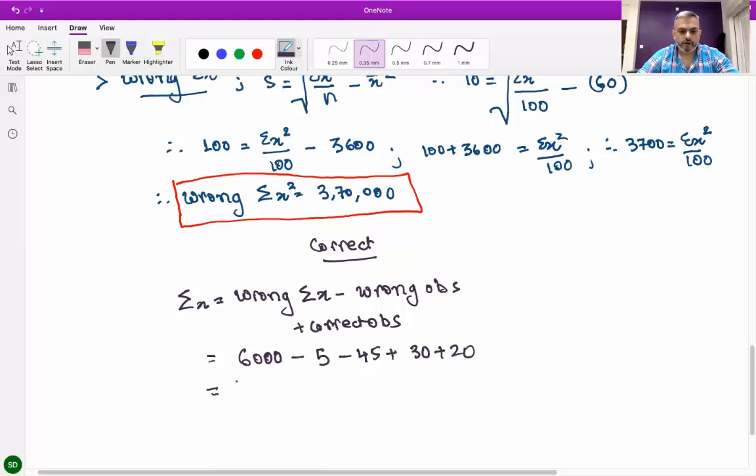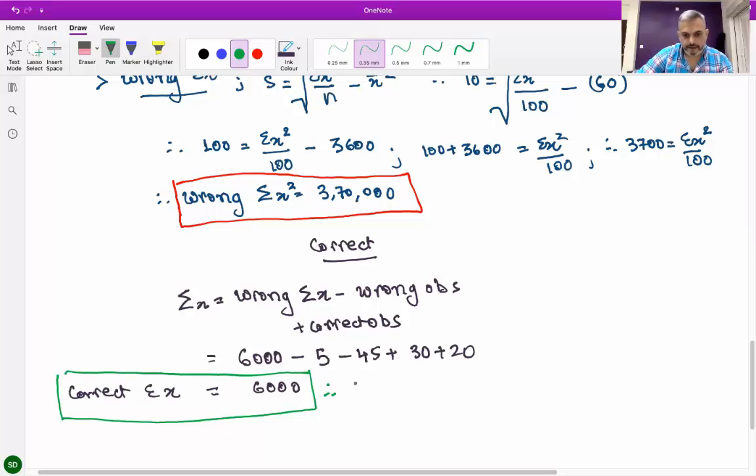Which is equal to minus 50, same, 6,000. So there is no change over here because minus 5 and minus 45 is minus 50, and plus 30 plus 20 is also 50. So correct sigma x is equal to 6,000. This is what we found out.